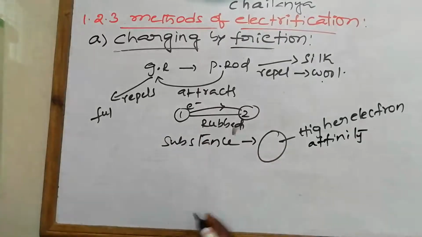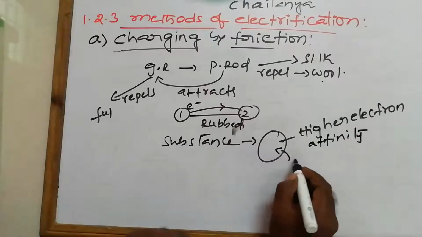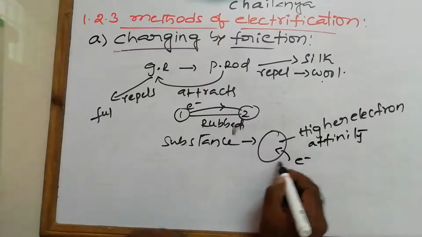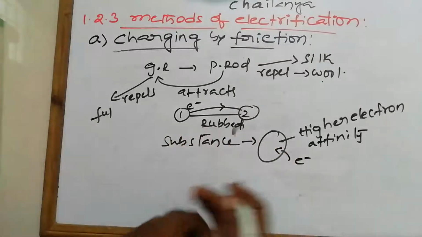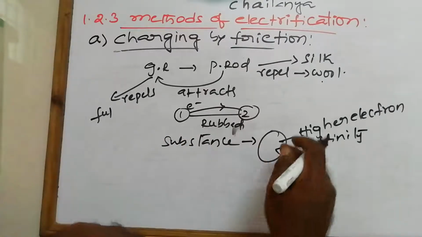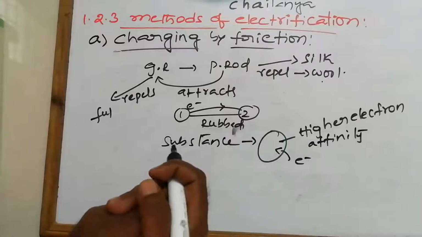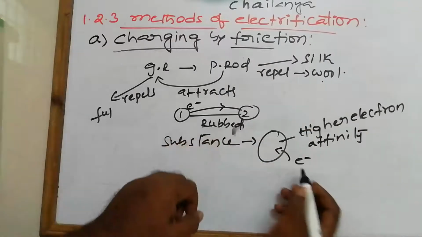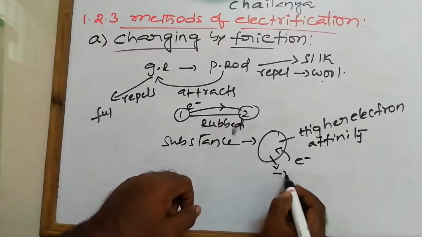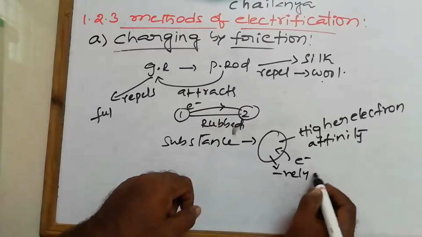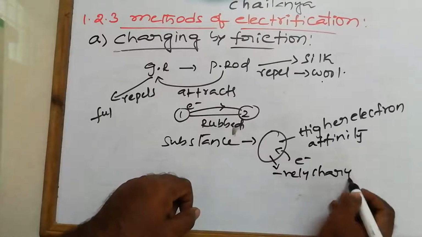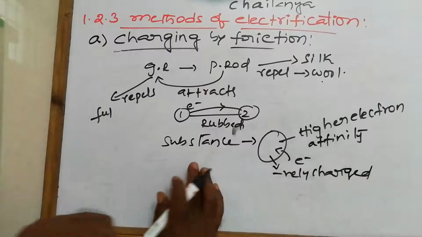It gains electrons. Any body having higher electron affinity gains electrons and becomes a negatively charged body.